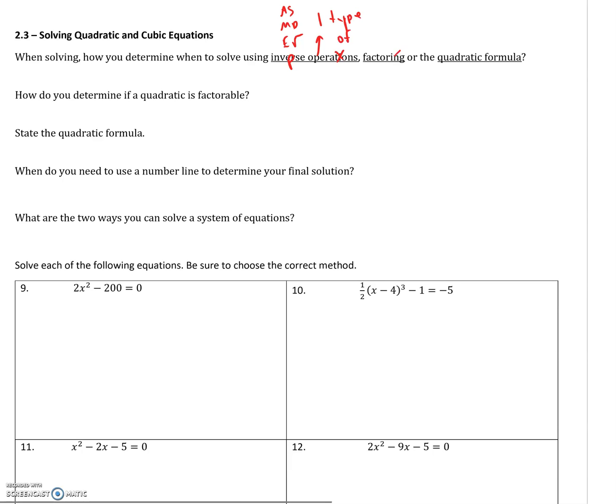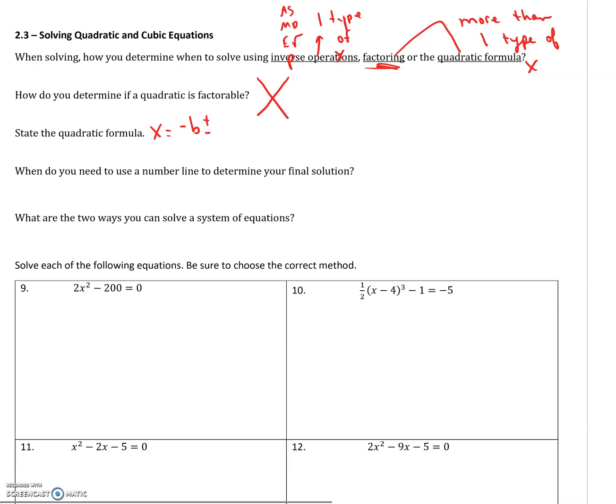You're going to factor or use quadratic when there's more than one type of x. And you want to start with factoring, and if that doesn't work, then you go to the quadratic formula. How do you know if a quadratic is factorable? One, you're going to see if your x works. If it doesn't work, then you're going to do the quadratic formula. So x equals opposite b plus or minus.